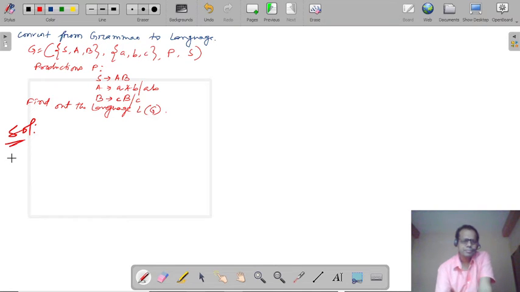So the solution. For the solution, first of all we will try to find out the least length of the string.